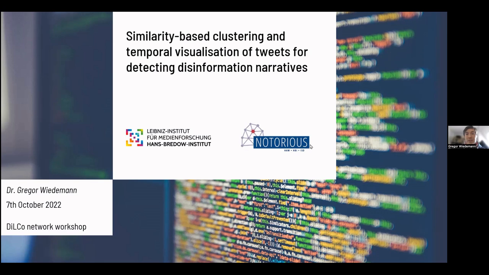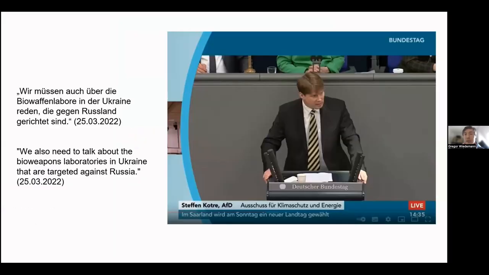So let's start with a little bit of an empirical example which introduces the topic. We have here a screenshot from a debate of the German Federal Parliament, the Bundestag, from the 25th of March this year. And we see the member of parliament, Steffen Cotré, from the right-wing party AfD.